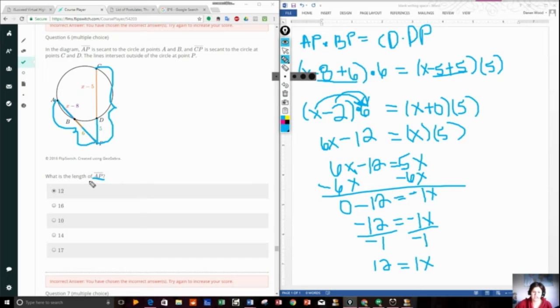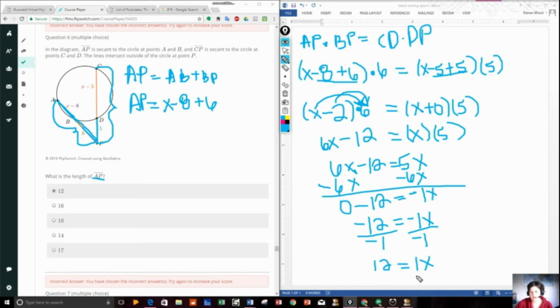All right, we are not finished yet, because it wants to know what the length of AP is. So AP, like we said, was equal to our inside segment, so AB, plus the outside segment, which was BP. And so we have, by substitution, AB was x minus 8, and BP was 6.